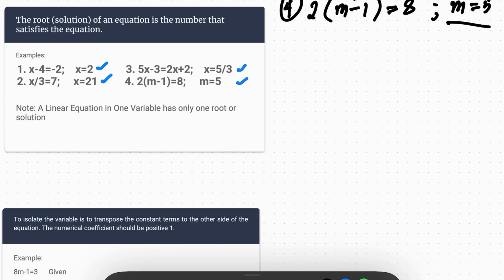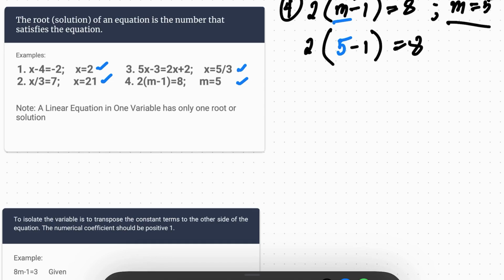So what I'm going to do first is copy 2. I'm going to replace the variable m with 5 because it's my replacement value, and that's going to be minus 1 equals 8. Since we're still following the PEMDAS rule, we're going to do first the operation inside the parentheses.